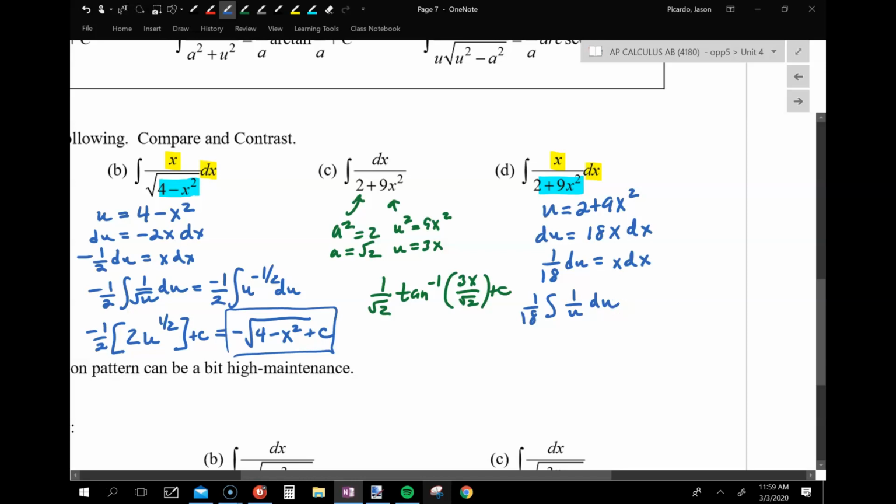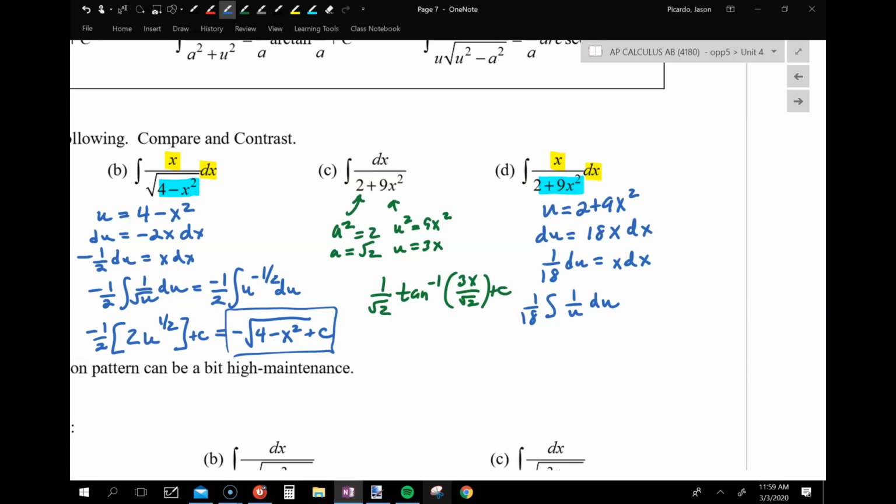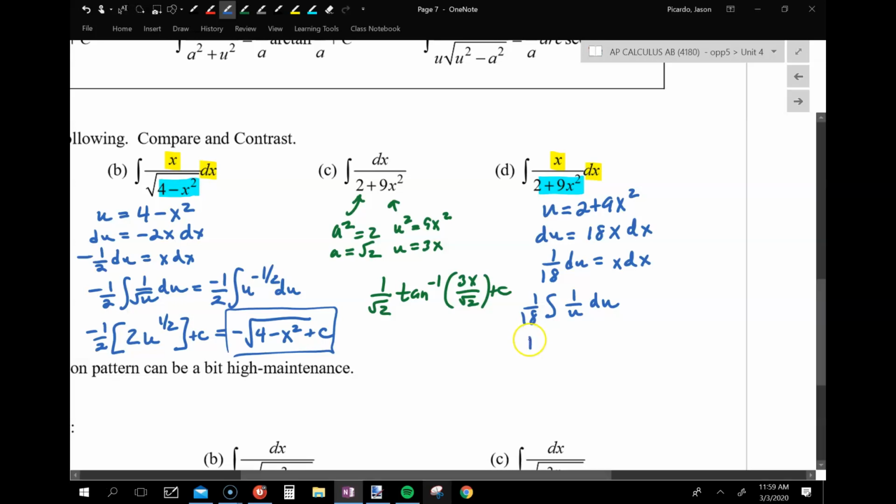And we like the integral of 1 over u because it's simply what? The natural log of x, right? What is x? It's 2 plus 9x squared, right? Well, it's this, right?